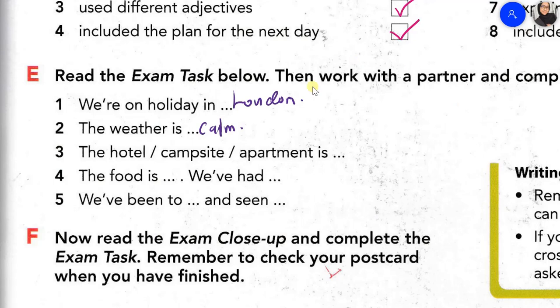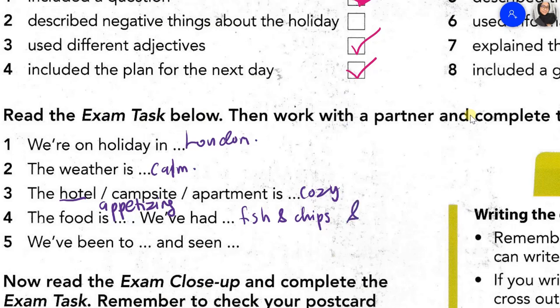Number 3, the hotel or campsite or apartment is, so I might want to use hotel. The hotel is cozy, right? And the food is appetizing. Instead of saying delicious, you can say appetizing. We've had fish and chips and hamburgers.